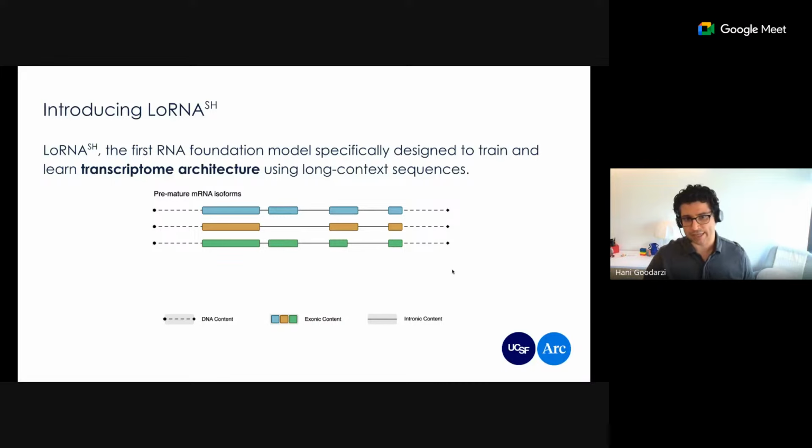Some isoforms end further along than others. And in the middle, they can also have different introns and different exons makeup. So if you take the entirety of the gene, for every isoform, there are parts of it that are going to be DNA content because the transcript hasn't even started yet or has already ended. Then you have exonic content, which are these boxes, and then you have intronic content, which is basically these lines.